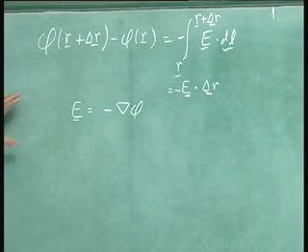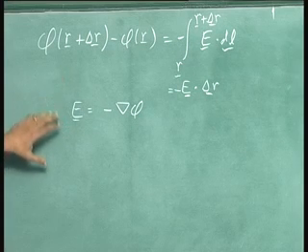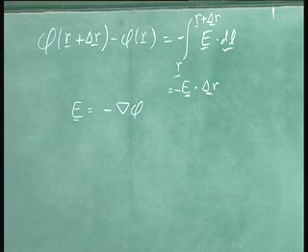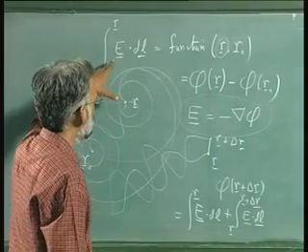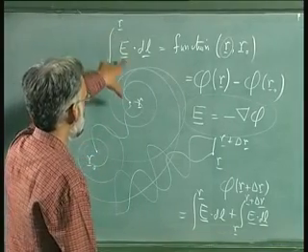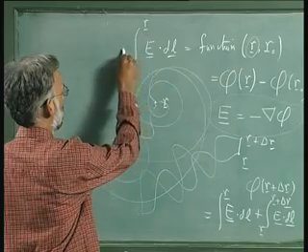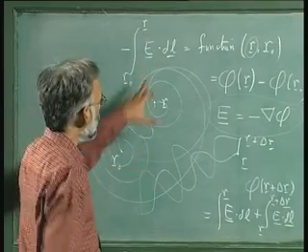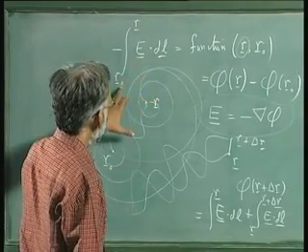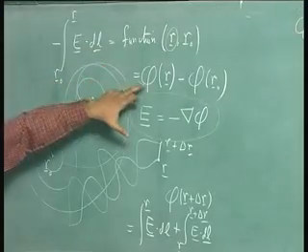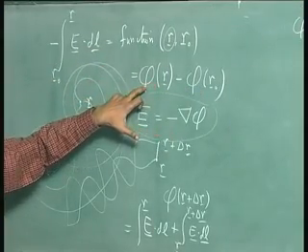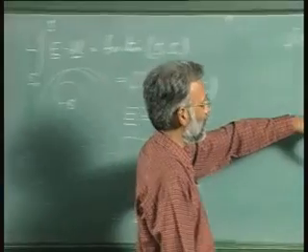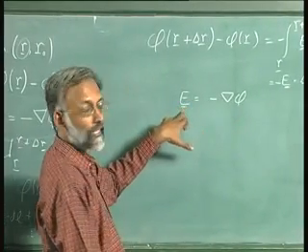So, there are two very interesting relations between electric field and potential. First, the electric field, and once again there should be a minus sign here, please note, integrated from one point to another gives me the potential, and if I take the potential and apply the gradient to it, I get back the electric field.